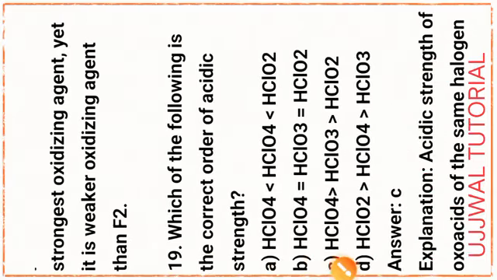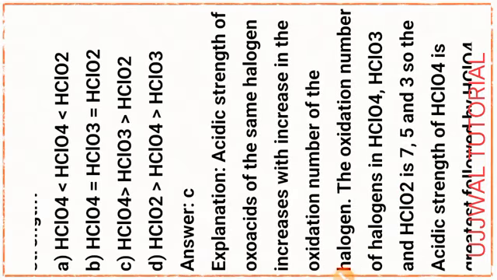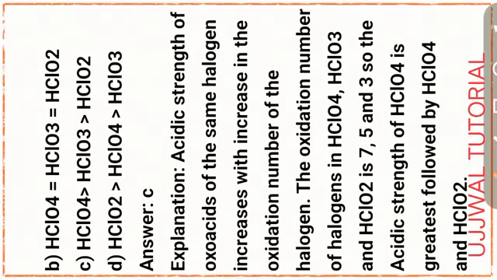Next question, question number 19. Which of the following is the correct order of acidic strength? Option C. The correct order is HClO4 greater than HClO3 greater than HClO2, due to explain another way, the oxidation number. Okay. Now the explain for this part, acidic strength of oxoacids of the same halogen increases with increase in the oxidation number of the halogen.